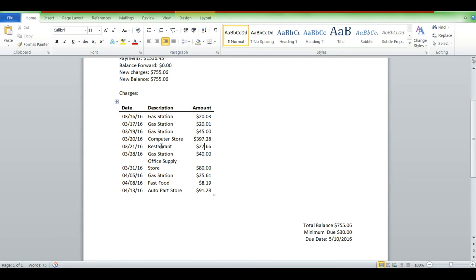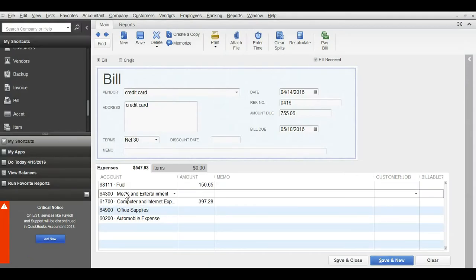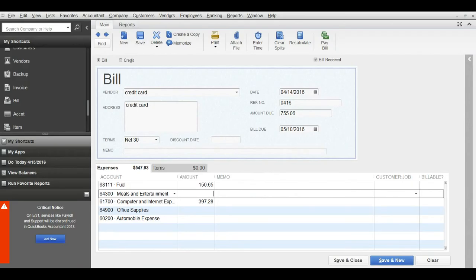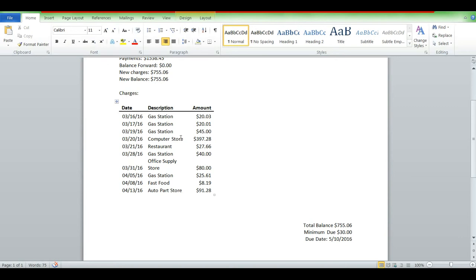Next, there might be a description of restaurant and fast food. Okay, so I go back, and we'll call that meals and entertainment. So, $27.66. Because I don't remember, I'm going to have to look back.